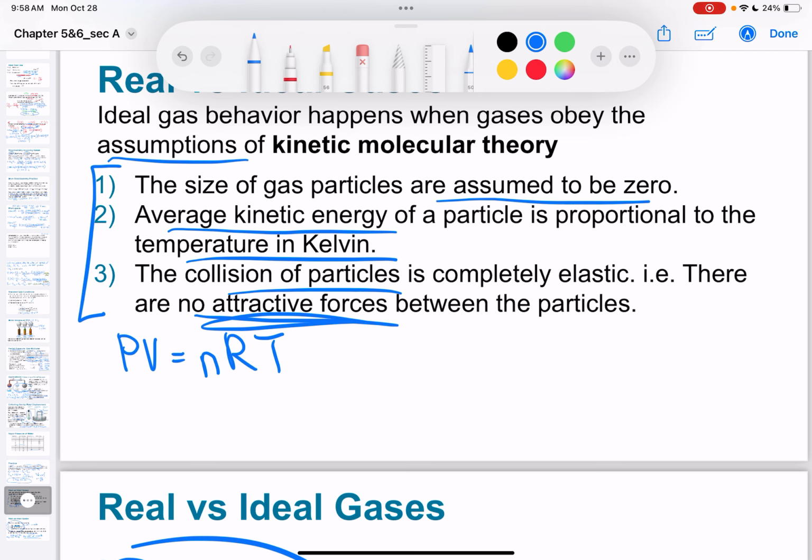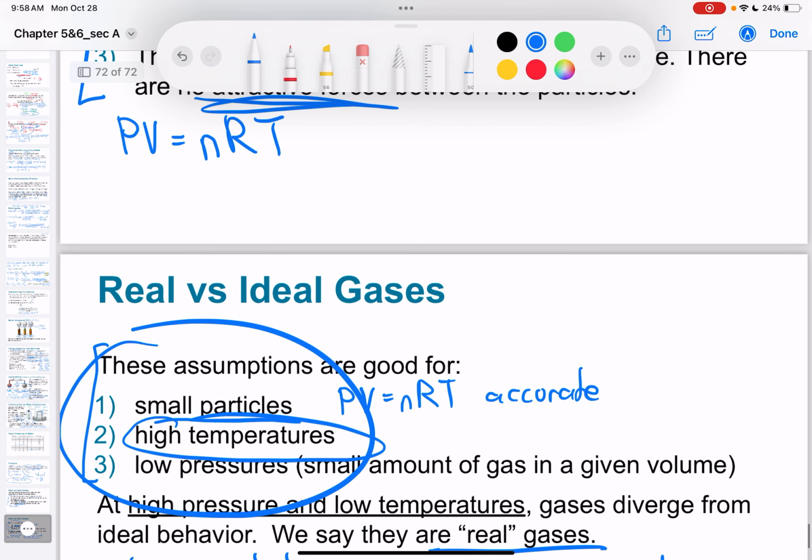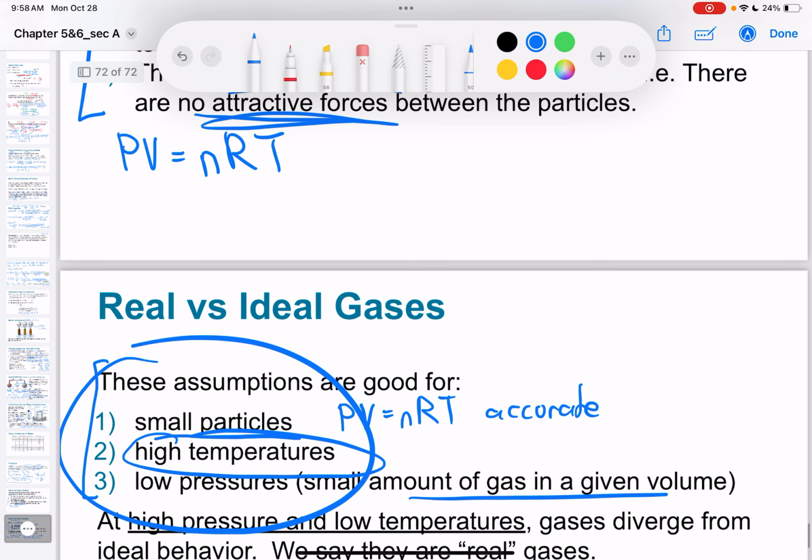Now, this is fine if we have a small amount of gas in our particular volume. This is because those gases don't have to bump into each other nearly as much, and when they do bump into each other, they have a little more room to dissipate any of the energy associated with the collision.